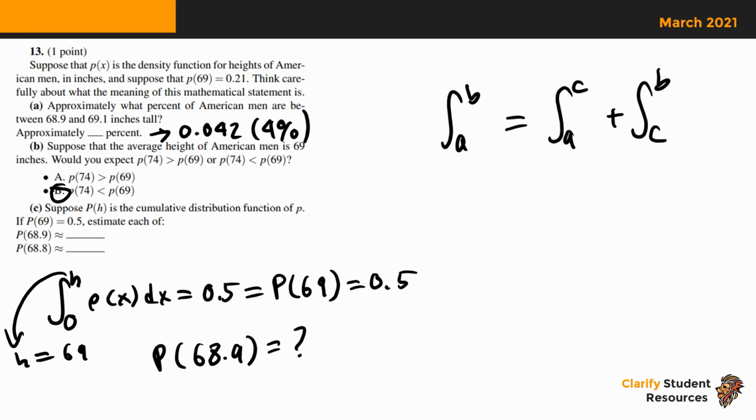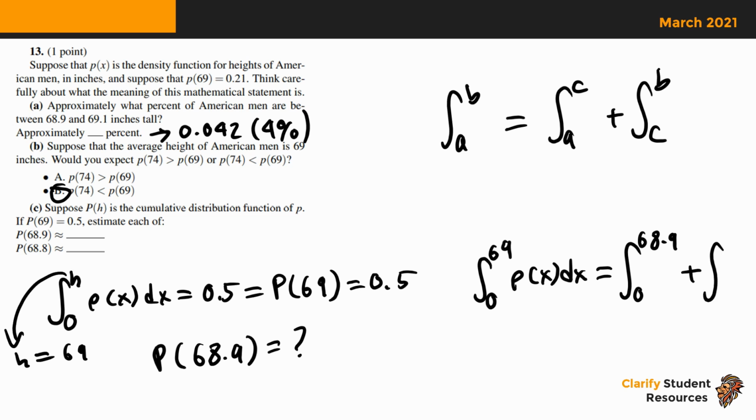So what we'll see is that we have one part which is going to go from 0 to 69 for our p of x dx. And we can actually say that this is going to be equal to some other value, which is going from 0 to 68.9 plus 68.9 to 69.